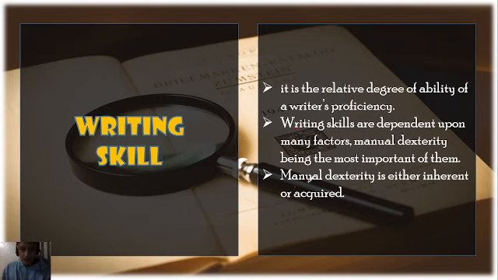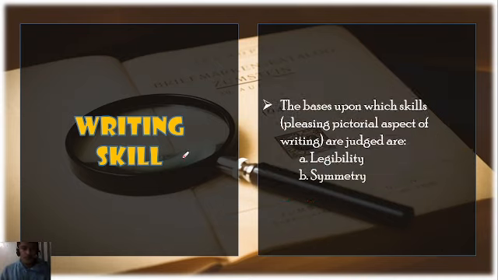Okay, and then with that, they also believe that manual dexterity is either inherent or acquired, or maybe in some writers, for some studies, they say that it is being inherent, or this is being practiced or acquired by themselves through practice. Okay, so anyway, the writing skill, the goodness, or the beauty, or the capability of the individual to create letters or words.